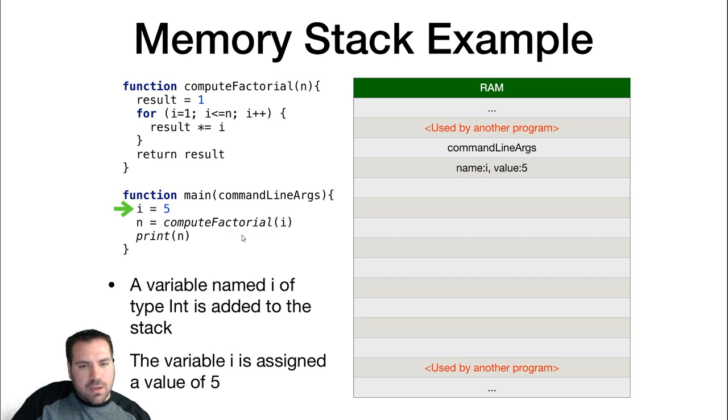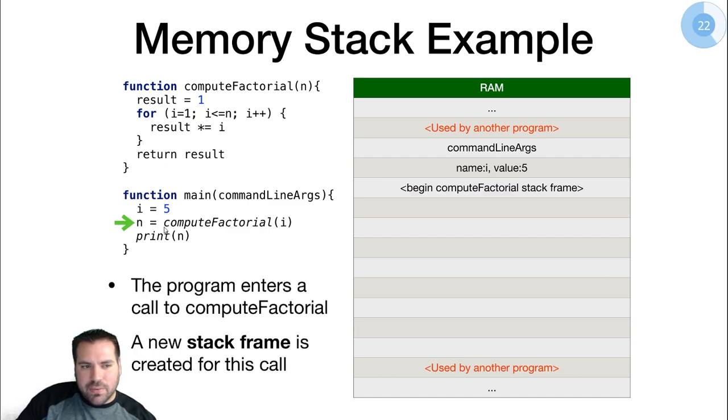So we're going to add that to the stack, give it the value 5, and remember that value. Then the next thing we do, we get to this assignment operator. We can't declare n or assign it to anything until we resolve the right side of the assignment. So the right side value is a method or a function call in this case.